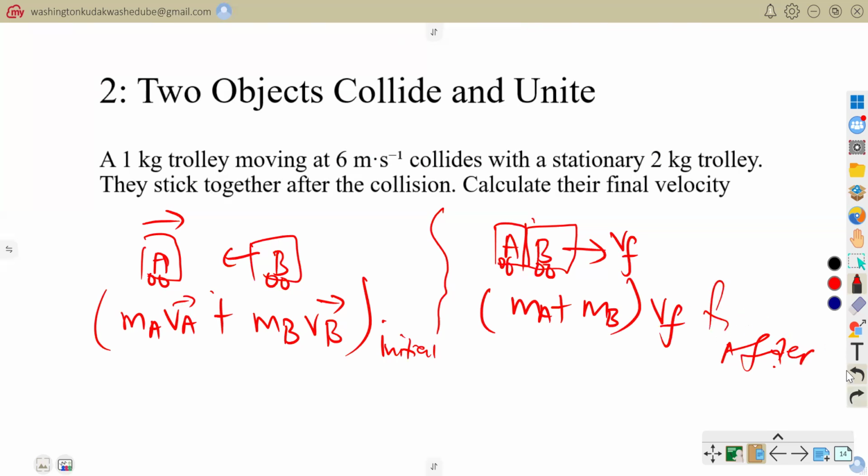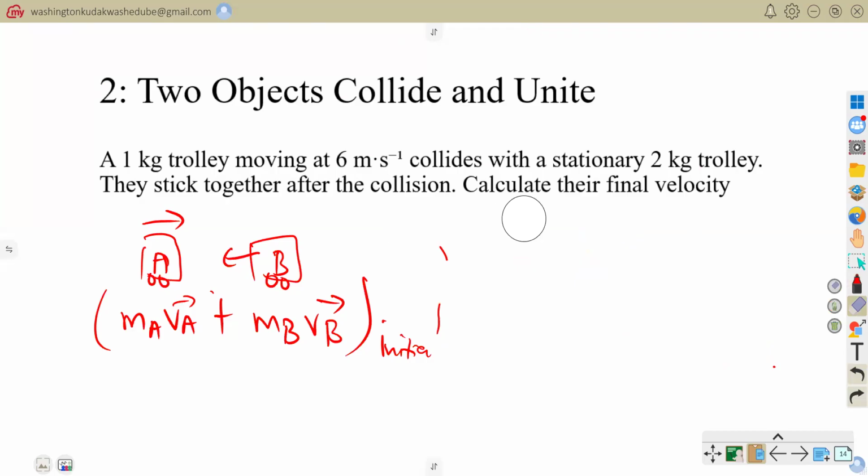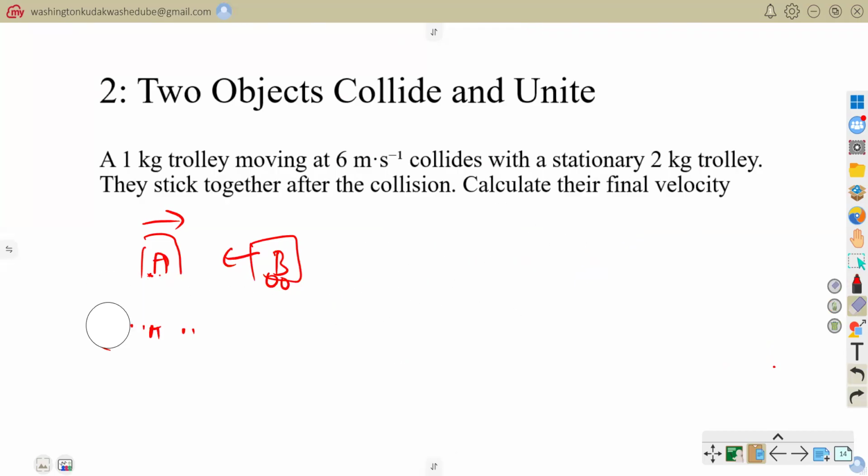It's just the same thing. So this is what we mean by two objects colliding and then uniting. So how do we get to solve this? I've already indicated how we can structure them. So let's look at this given example, and let's apply what I've said.